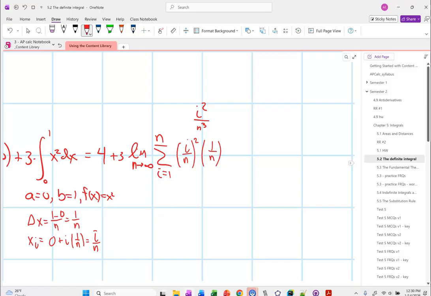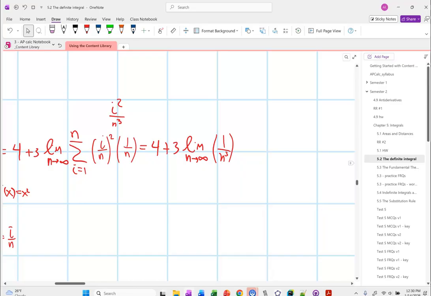That's my index variable for the summation. So I can pull that n cubed out of the summation. Is that okay? Because that's what I need.